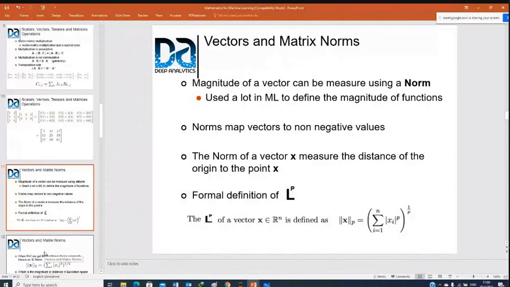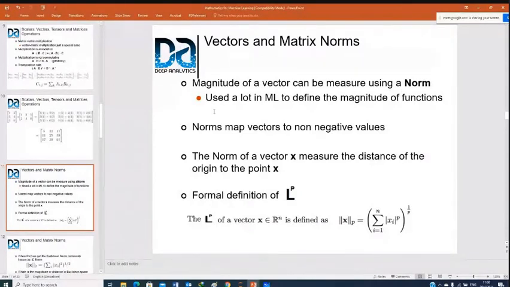Clear, Doc. Yeah. So let's move on and talk about vectors, matrices and norms. The magnitude of a vector can be measured using a norm.